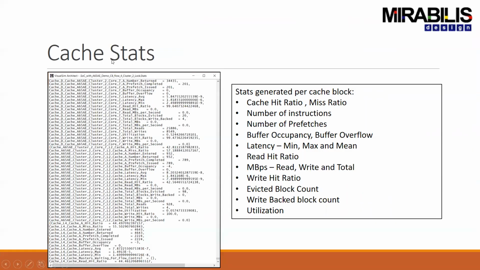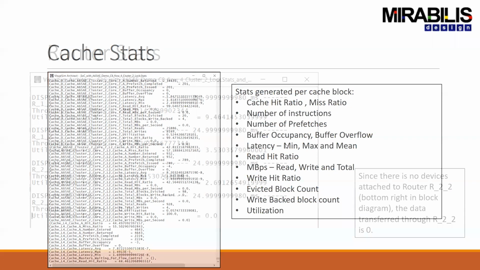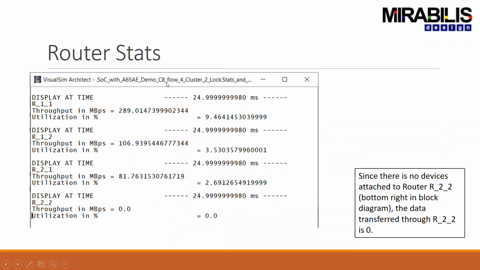And for this as well, we get the cache statistics. We can see for each of the cluster, cluster 2, core 7, then core 7 D cache, then we have the L2 cache, then the L4 cache. For all the caches in the system, we get the detailed statistics for each of them. We also get the router statistics from the model, where we can see the Mbps per router, R11, R12, R21, and R22.